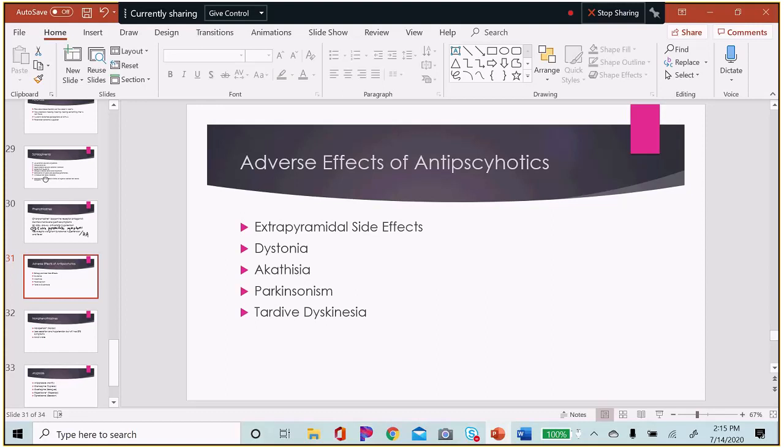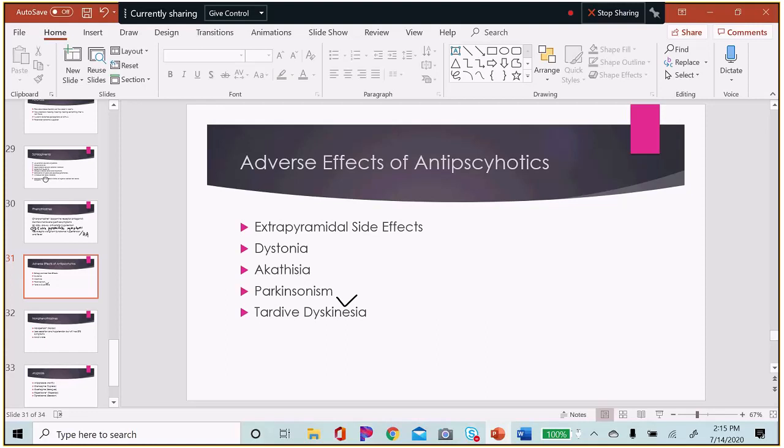So adverse effects of these antipsychotics are those Parkinson's-like symptoms. Dyskinesias that we talked about with some of the Parkinson's medications, they too can have the head bobbing, lip smacking, grimacing things.